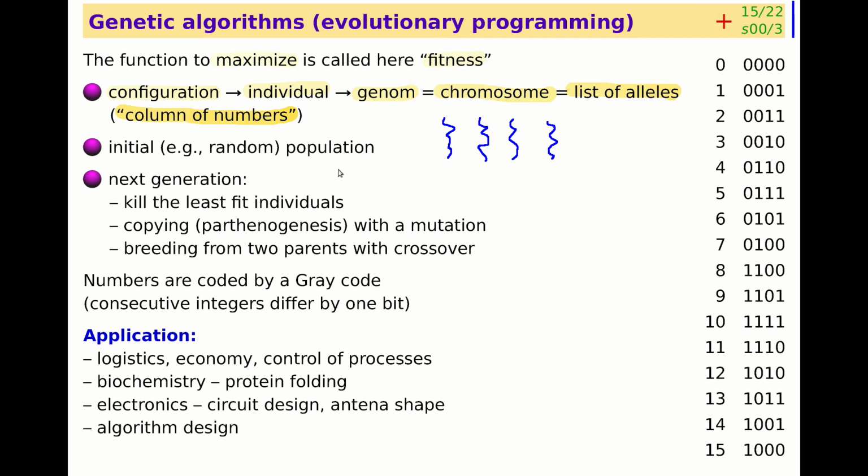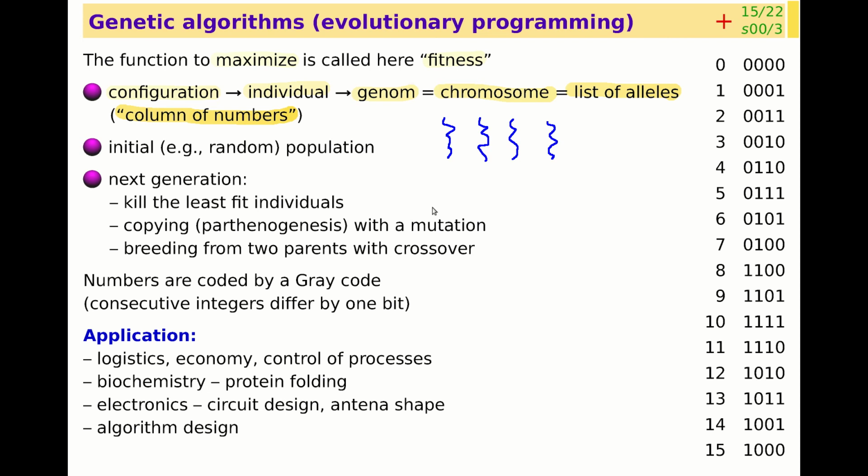These individuals have certain fitness. So these are numbers calculated from these configurations. Let us say the length of the path of a traveling salesman, or the energy of a protein, or something like that, and I create a next generation, and I do it in a similar way how nature does.